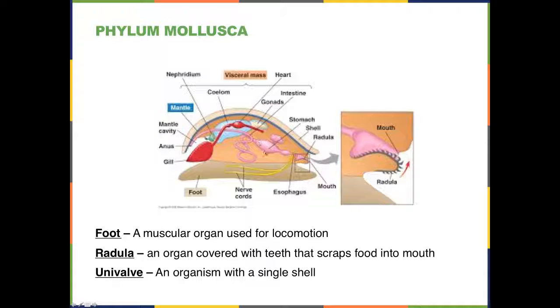And you see here's the stomach and the intestine. And here's the visceral hump here. And the heart is here. And the shell on the outside protects it. The mantle is this blue area right here that produces the shell and then covers the entire visceral aspects as well.